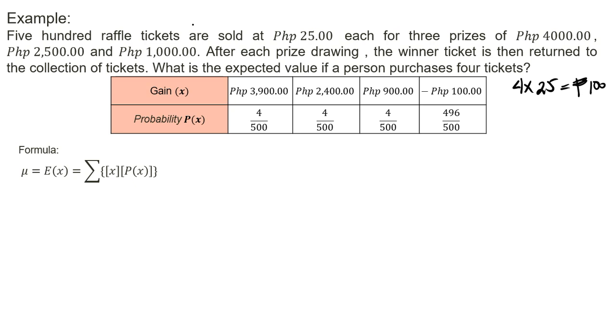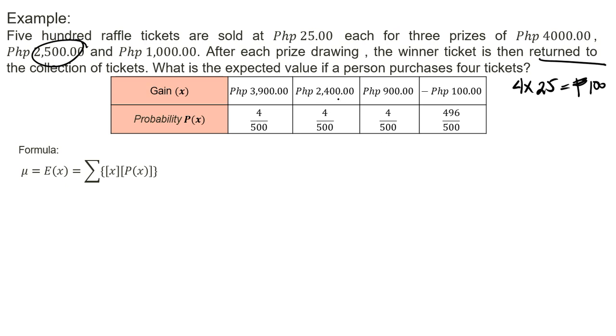Sa pangalawang prize, kasi ang sabi dyan, return daw yung kapag bumunot, ibabalik ulit yung pangalan. So, ganun pa din yung chance ng winning. Out of 500 pa din. So, 2,500 yung second prize. So, since 100 yung sa'yo doon, 2,400 na lang ang possible mong makuha. Ayan, 2,400.